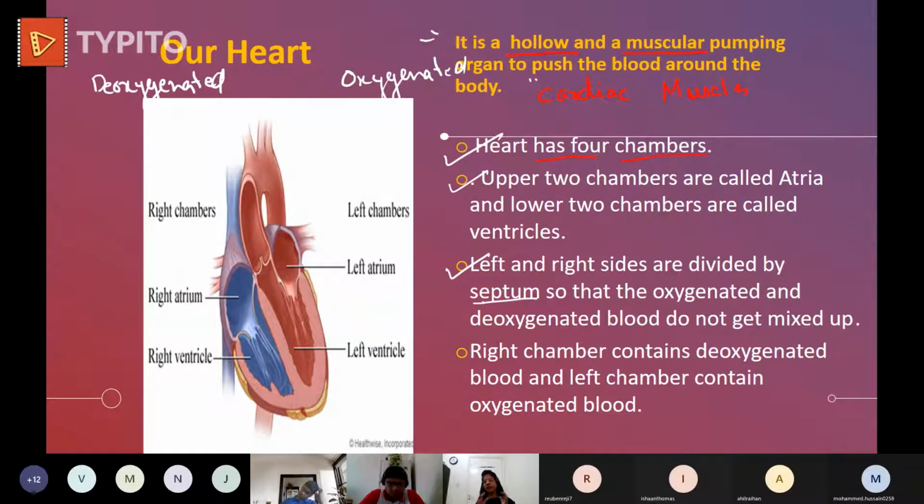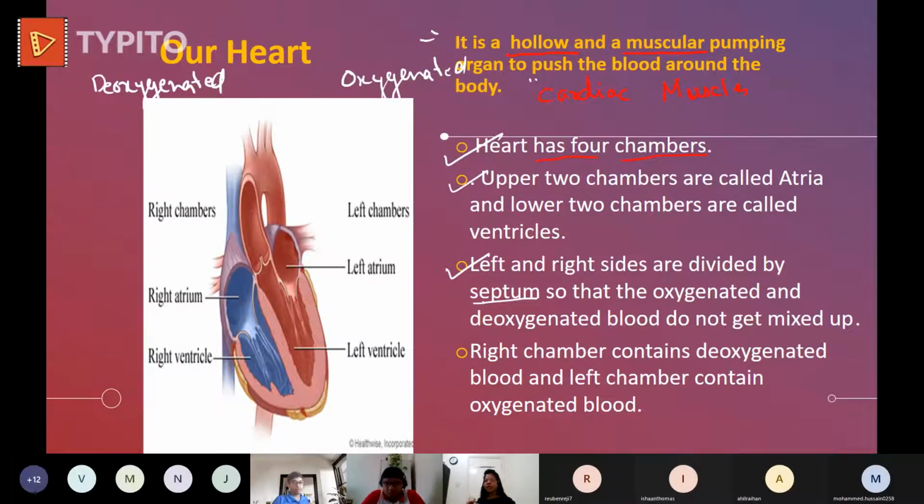Heart is receiving carbon dioxide rich blood from the whole body, from my hand, from my leg, from my neck, from everywhere that has produced carbon dioxide, by various veins. That will be collected by the heart, and the heart will give that carbon dioxide rich blood to the lungs to do the oxygenation and remove the carbon dioxide.